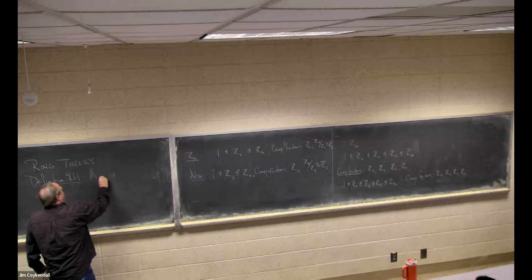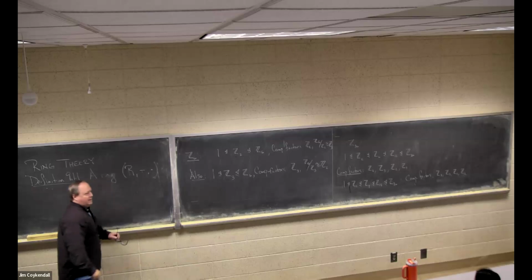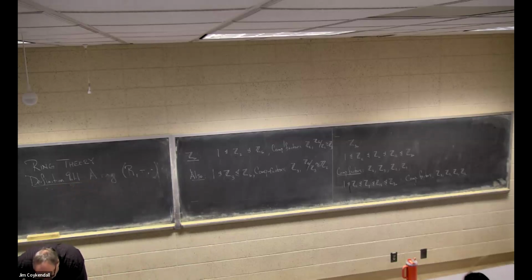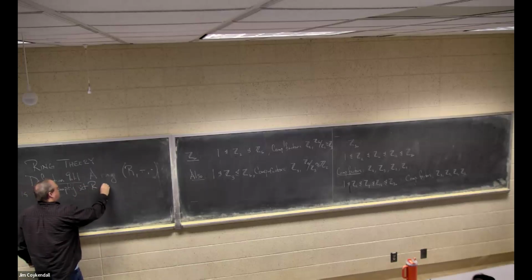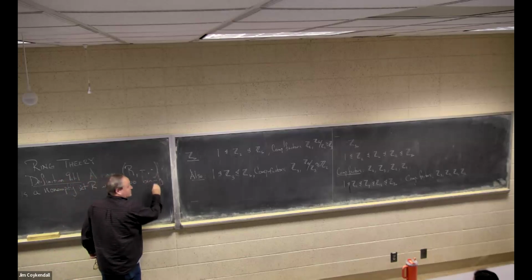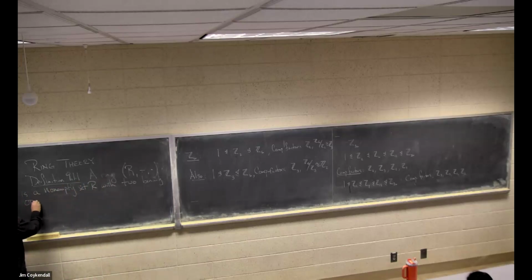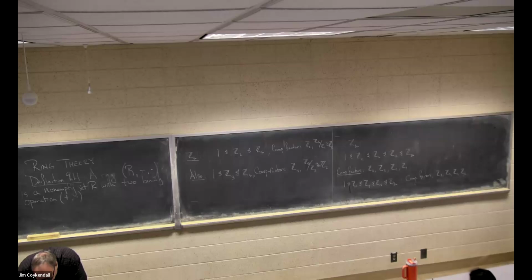A ring, and for emphasis, I'll write it this way, (R, +, ·), so you've got two binary operations, is a non-empty set R with two binary operations, multiplication and addition, that satisfy the following.